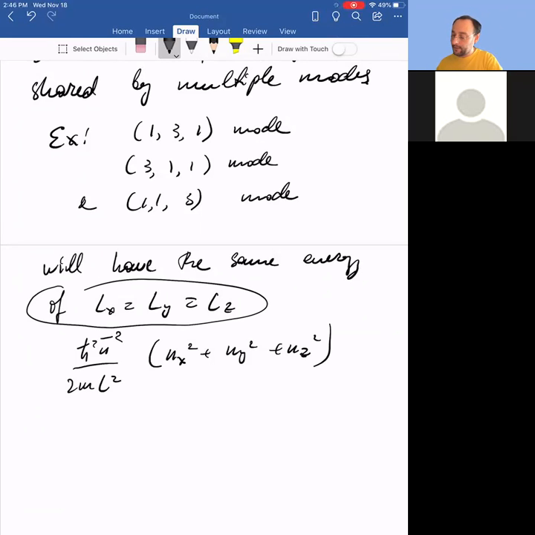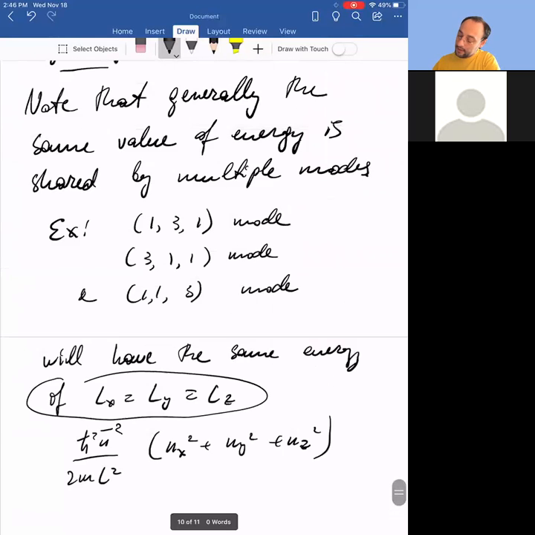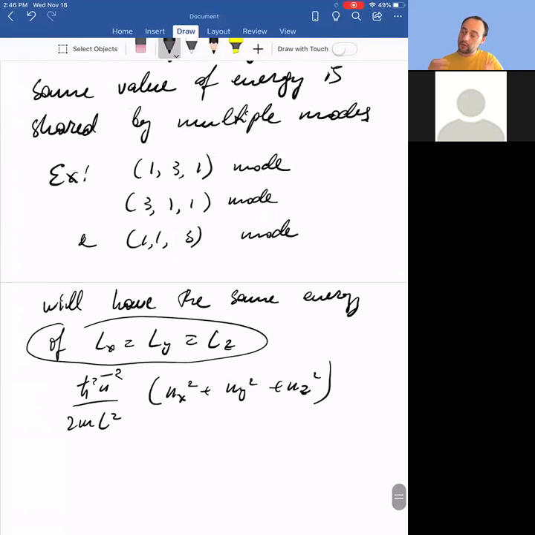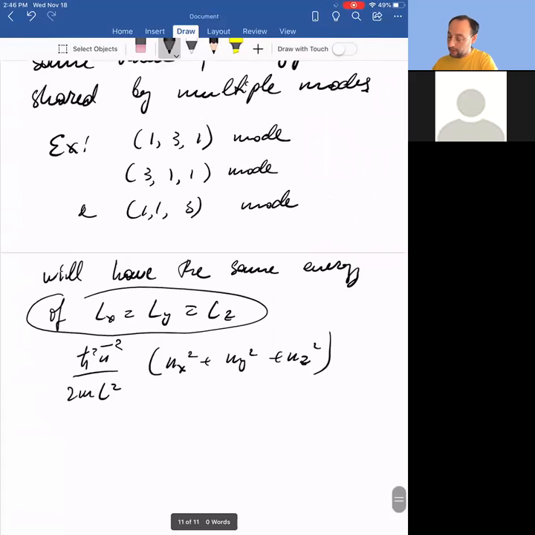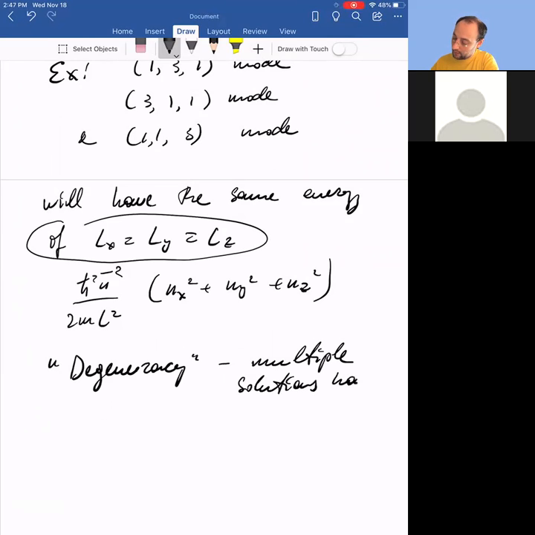So why is that? First of all, this situation when multiple solutions or multiple modes have the same energy is called degeneracy. Multiple solutions have the same energies.